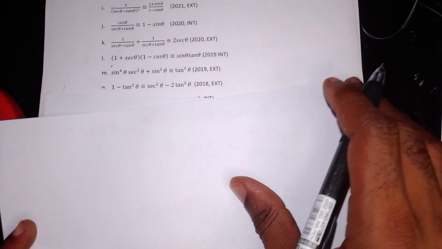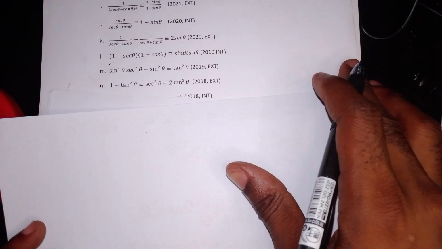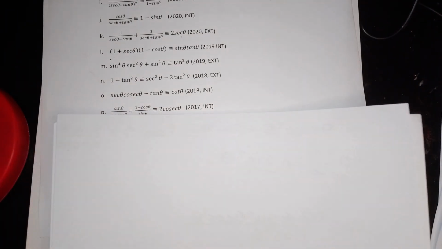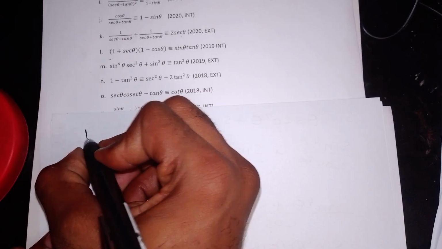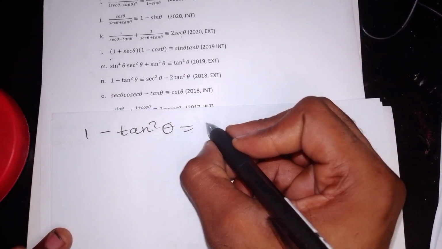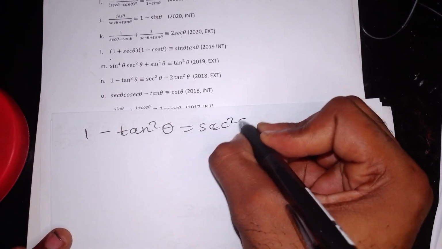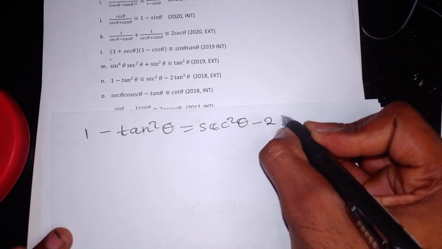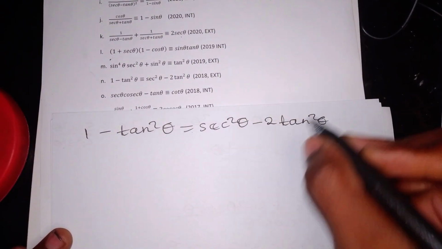And then next we have 2018 external. Okay, so we have 1 minus tan squared theta is equal to sec squared theta minus 2 tan squared theta.